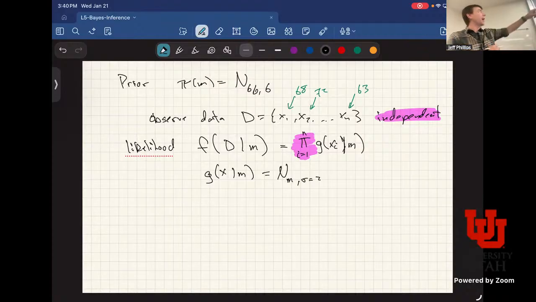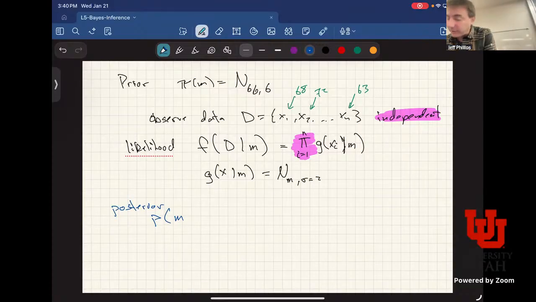We have a prior for the height of about 66 with 6 inches deviation, and then we have observed some data and we put another normal distribution on here. And now we can write down this posterior, right? The posterior, which was effectively the probability, but the probability density function of the model given the data.